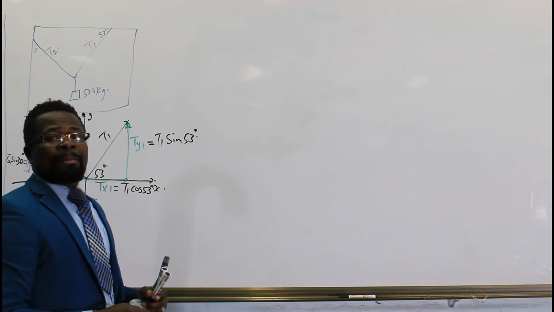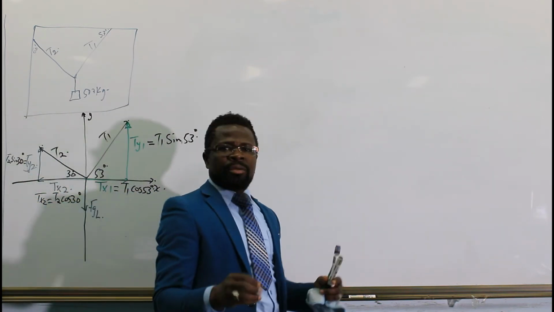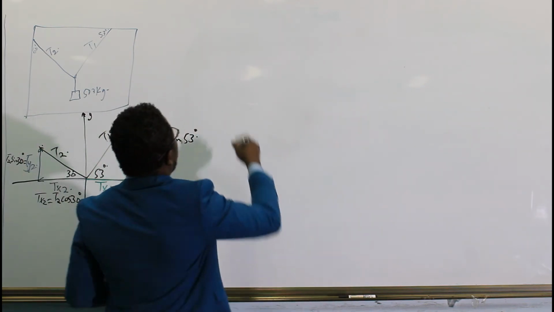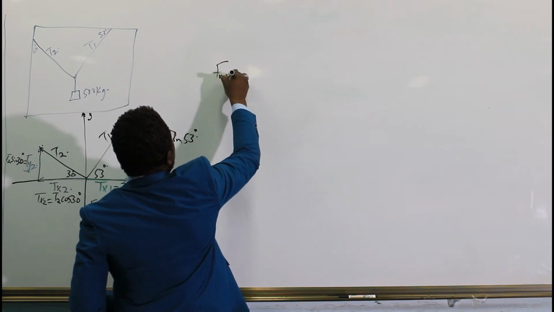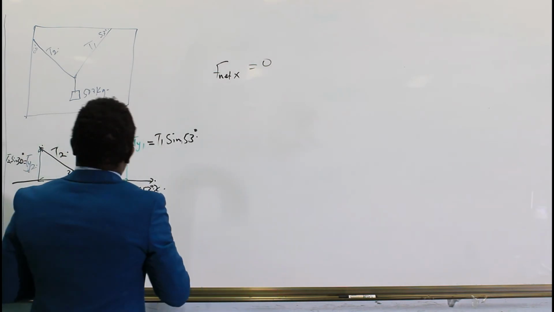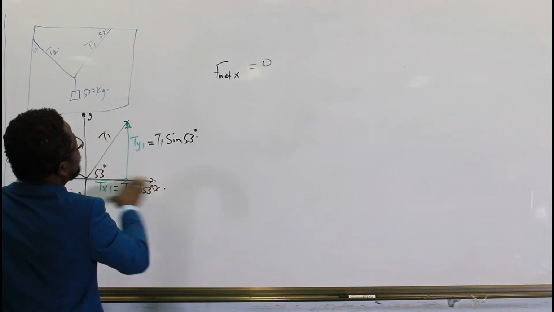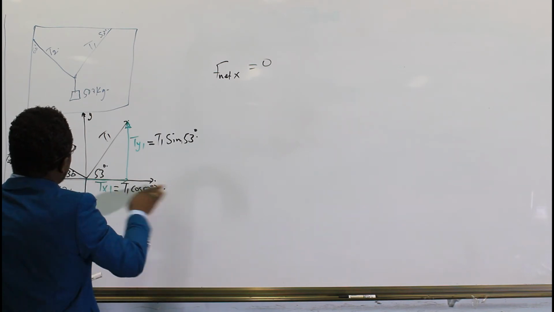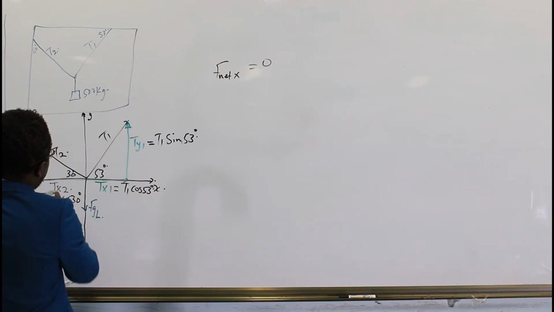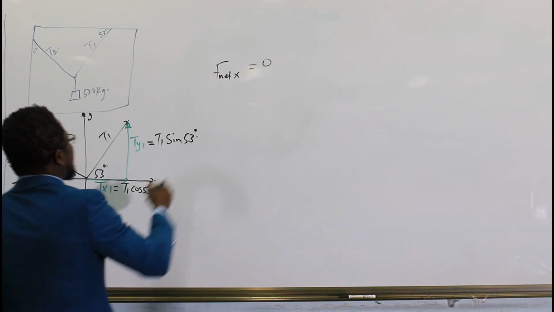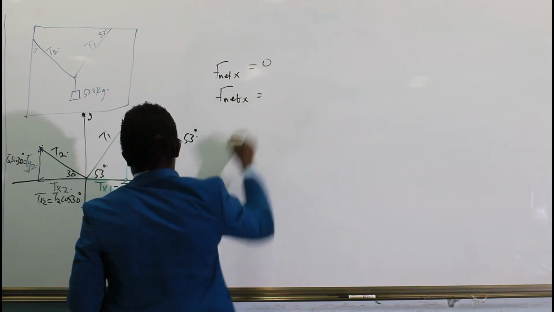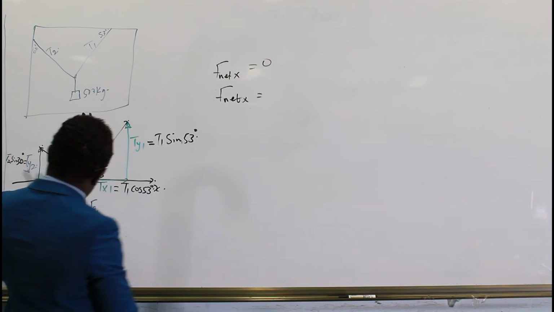We need to then apply a translational equilibrium to solve the problem. And how do I apply translational equilibrium rule? We are saying that Fnet in the x direction must be equals to 0. So let's look at the x component. The horizontal component for this is here. And if I look at that horizontal component, I can see that it is Tx1 and Tx2. So we can simply see that the Fnet in that direction is now equals to, this side is positive and this side is negative.